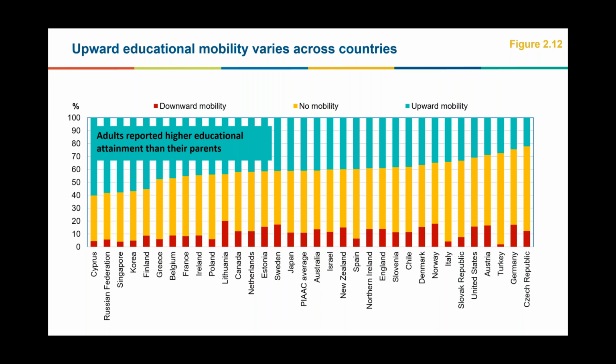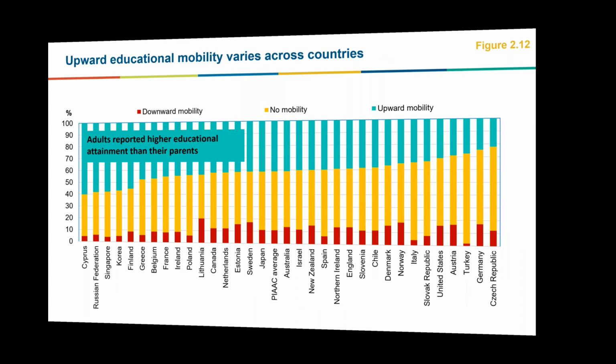More than half of the adult workforce or population had achieved better than their parents. But you can see other countries like the Czech Republic, Germany, Turkey, and so on, where it's only a small minority. So again, this varies hugely across countries, showing us that actually more progress is possible.